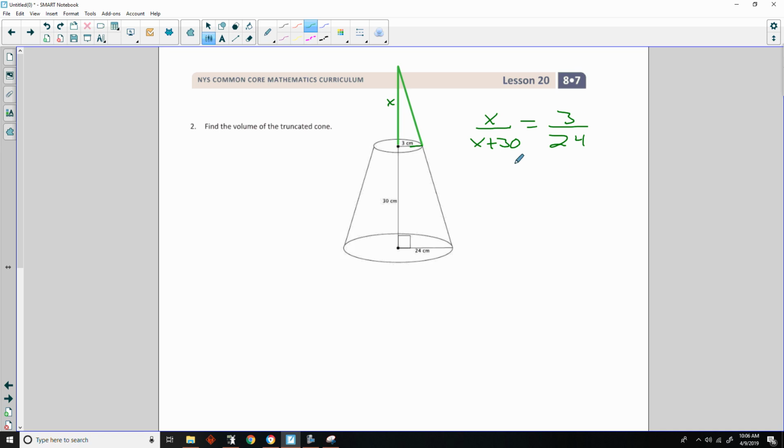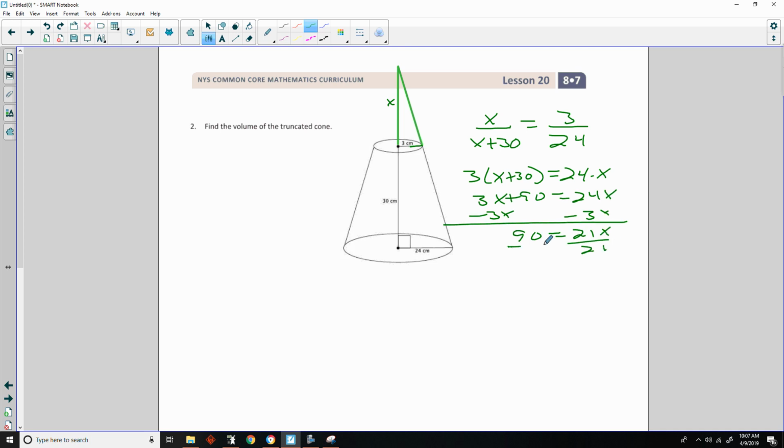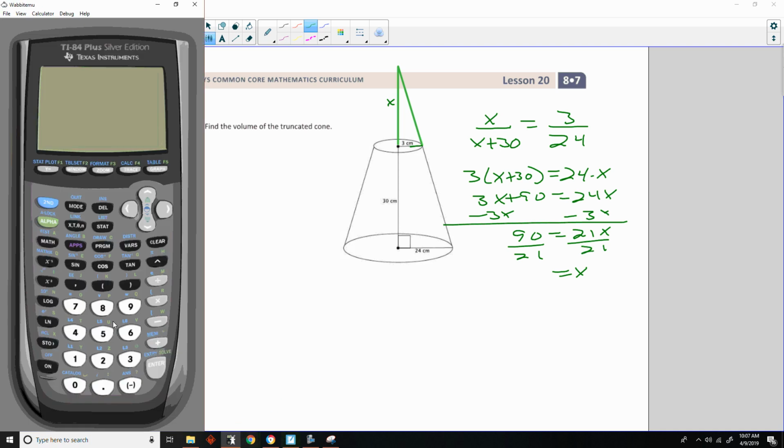Cross multiply and I get 3 times x plus 30 equals 24 times x. So this is 3x plus 90 equals 24x. Subtract 3x. And I get 90 equals 21x. Divide by 21, divide by 21, and x equals 90 divided by 21.